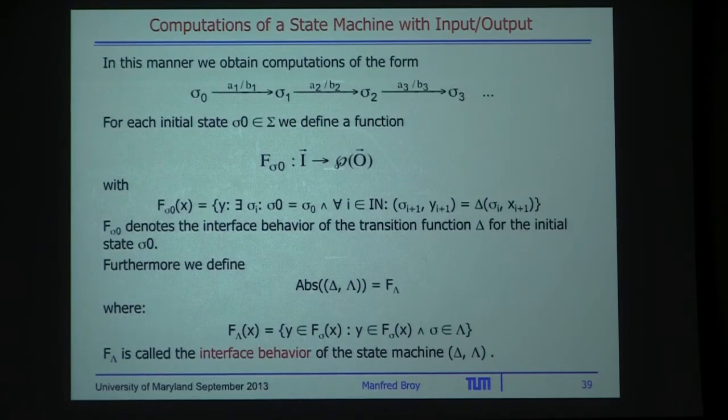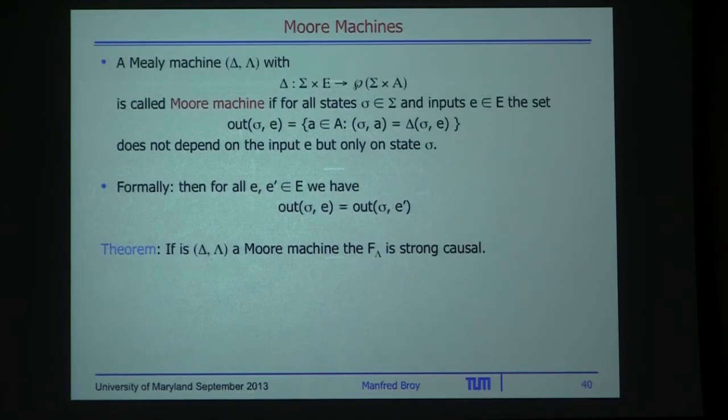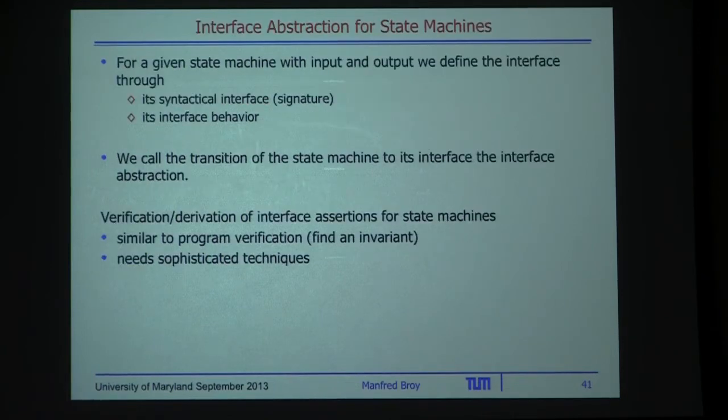You can then introduce an interface abstraction for state machines, where you associate with each state machine an interface behavior. Then you can prove that strongly causal machines are Moore machines. And you can also show that this interface abstraction for state machines can be related at the logical level to interface behaviors by certain proof calculi.